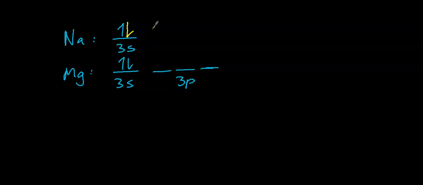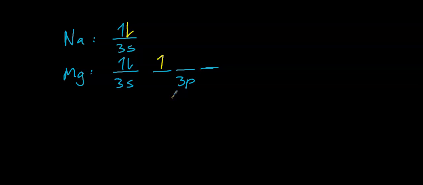When you add an electron to magnesium, that electron is going to go to a higher energy sublevel, the 3p sublevel. It is easier to add an electron to a lower energy level. Likewise, it is easier to add an electron to a lower energy sublevel.